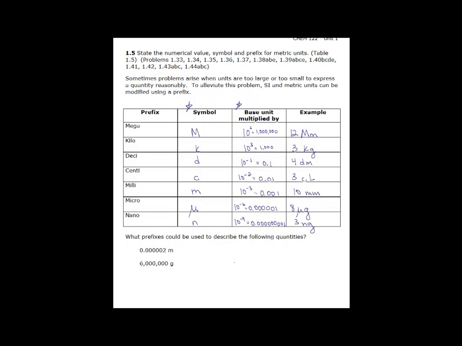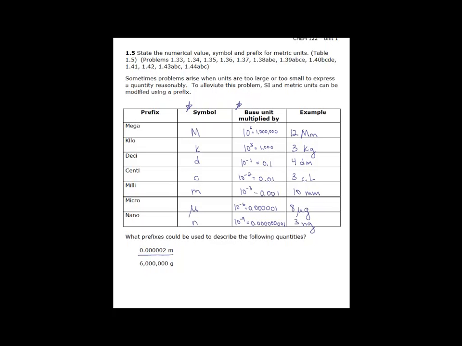So this number here, 0.000002 meters. It's inconvenient to write out that many zeros. If you were writing your lab data in a notebook, it would just get tedious to write all those zeros, and you might forget some sometimes, so it's a lot easier to use a prefix.